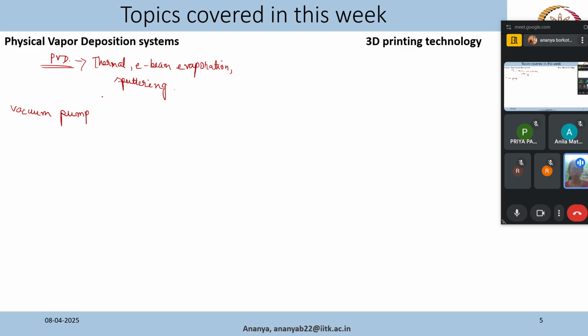We use one rotary pump to create low vacuum, that can give us pressure up to 10 to the power minus 3 mbar, and then to go from minus 3 to minus 7, we will use another pump. It can be a turbo pump, or another type of pump, a diffusion pump, that can create a very high vacuum. Okay, so we have a vacuum, and then we will have the main chamber.